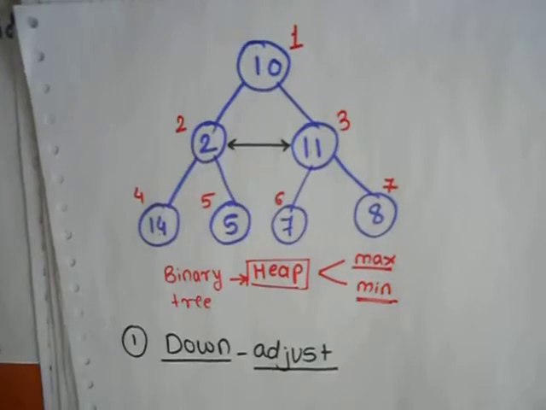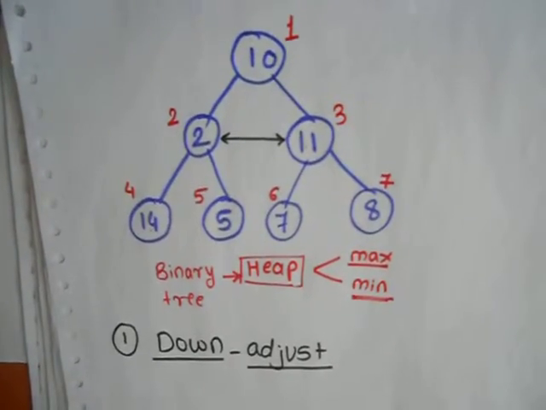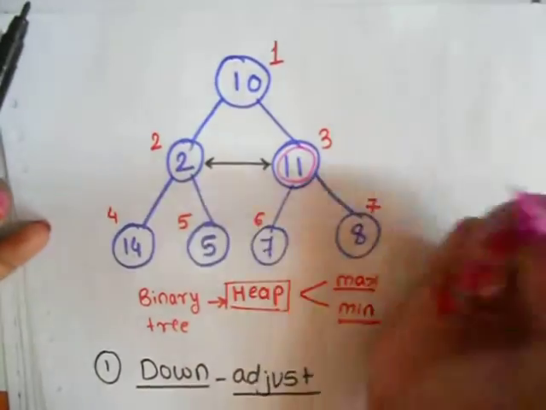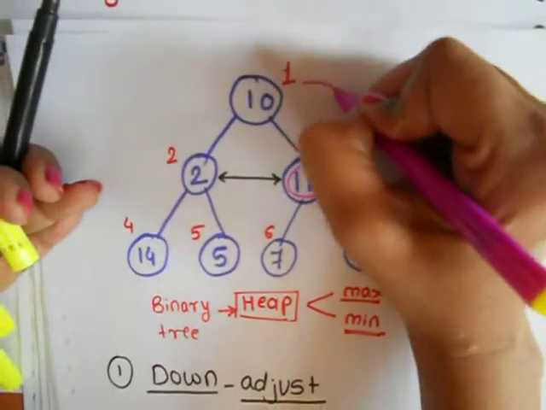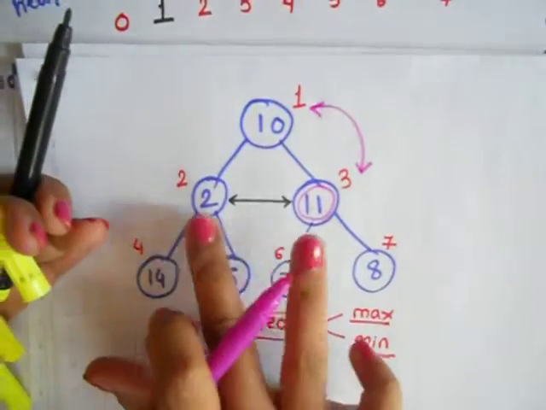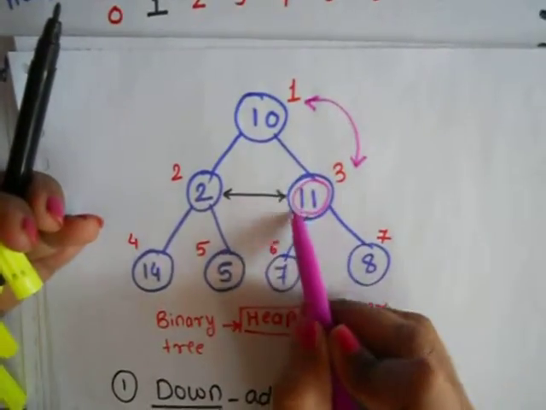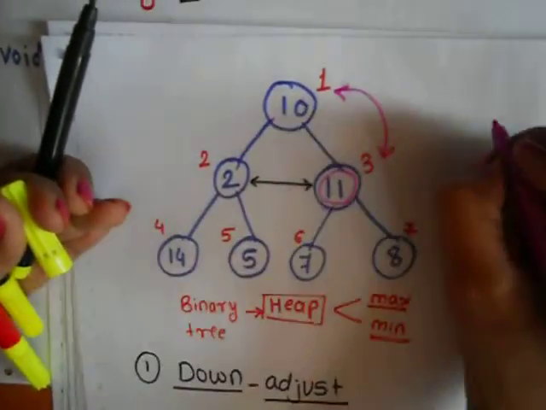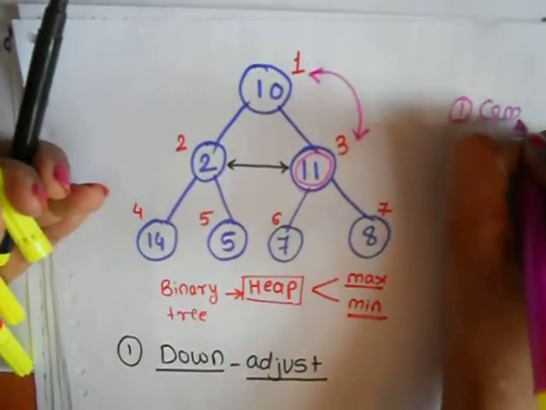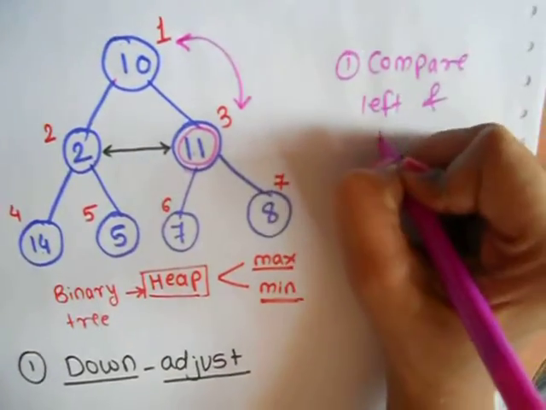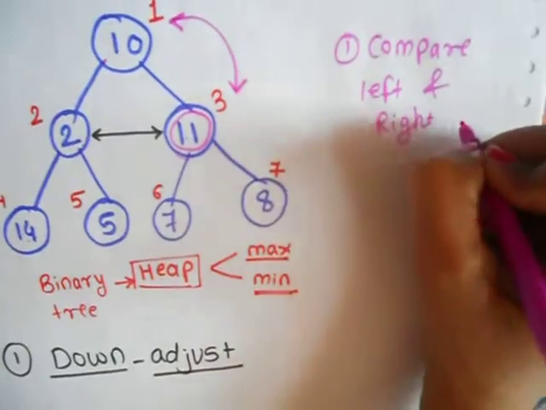Which one is greater, 2 or 11? 11. So we point out this 11. First we compare the left and right child.